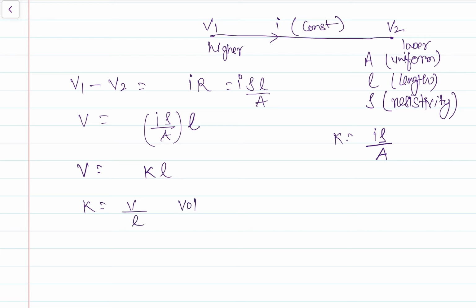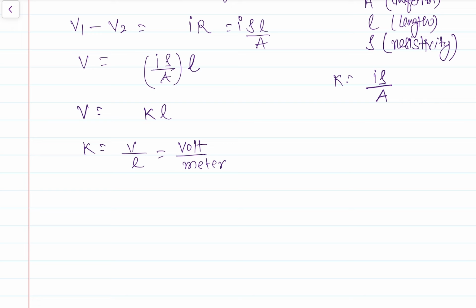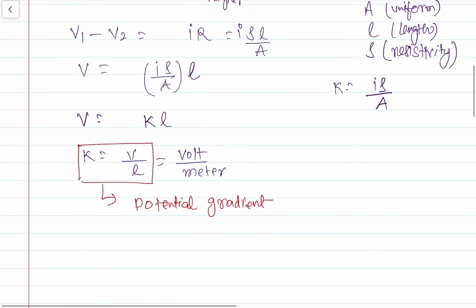Its SI unit is volt per meter. This K is known as the potential gradient. Potential per unit length is known as potential gradient.